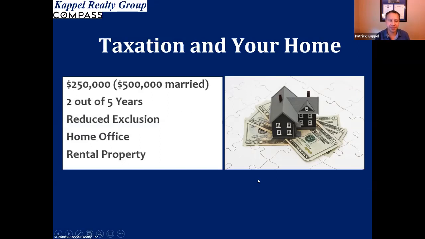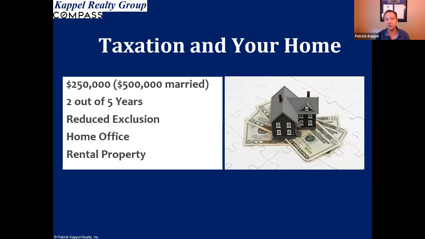It doesn't have to be the last 2 years. It just has to be 2 out of the last 5 years. So if I lived in this home from 2000 to 2018, and I moved out in 2018, I haven't lived in there the last 2 years. And if I sell it this year, I can still by definition say I've lived in it 2 of the last 5 years. So it could have been 2 or 3 years since you lived in the home.